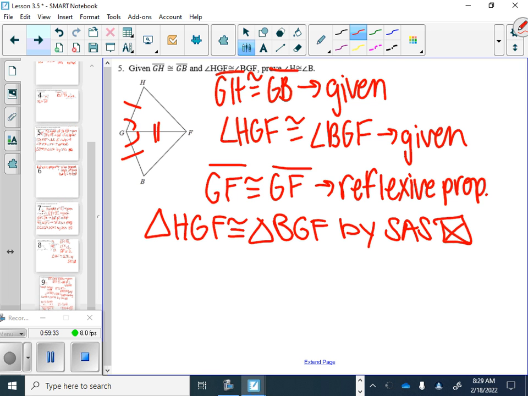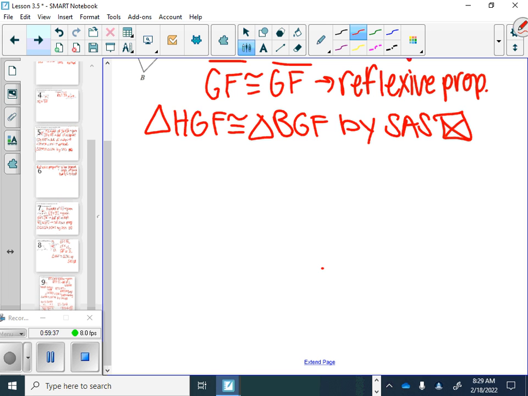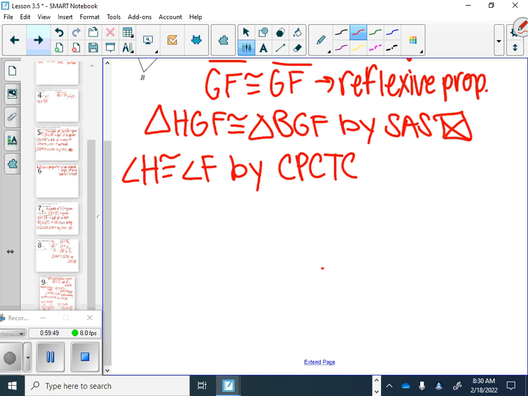Yes, they're in the same position. And if you look at the name as well, H is listed first, B is listed first. So I can simply say that they're congruent to each other by the CPCTC. Corresponding parts of congruent triangles are congruent. And that is actually the end of my proof.